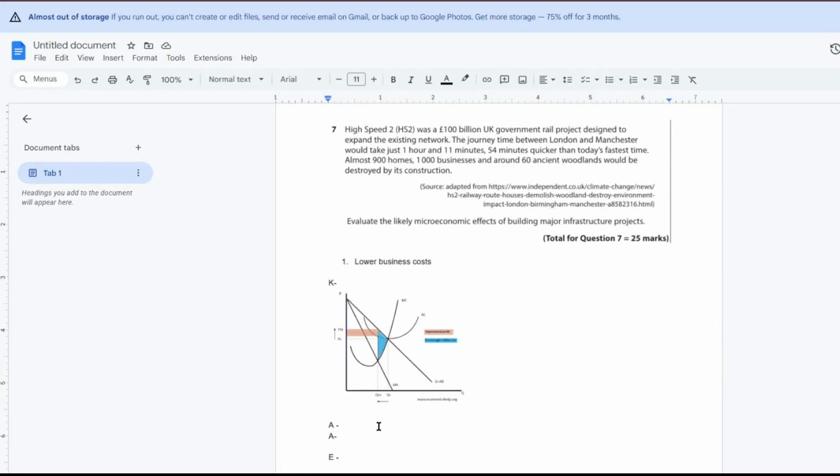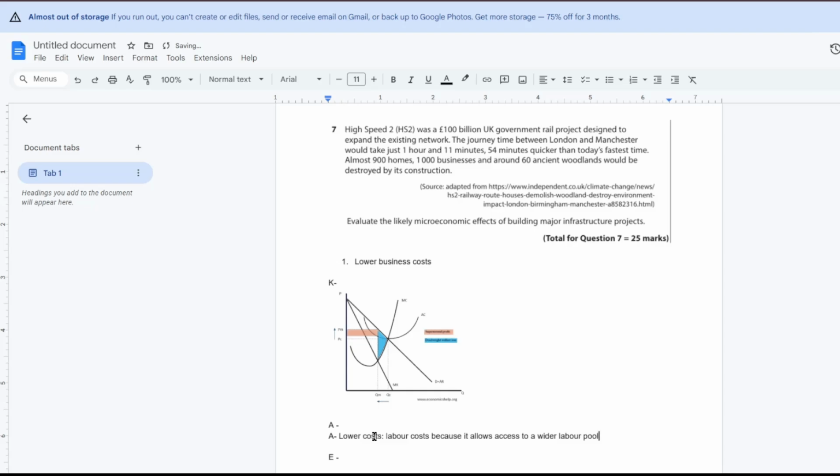Well, we can use maybe some information. Let's come up with the analysis first, right? What's the explanation for why this lowers business costs, and what effect does that have on the fortunes of those businesses? Well, there's lower costs. What are the costs that it might lower? Well, it might lower labor costs because it allows access to a wider labor pool.